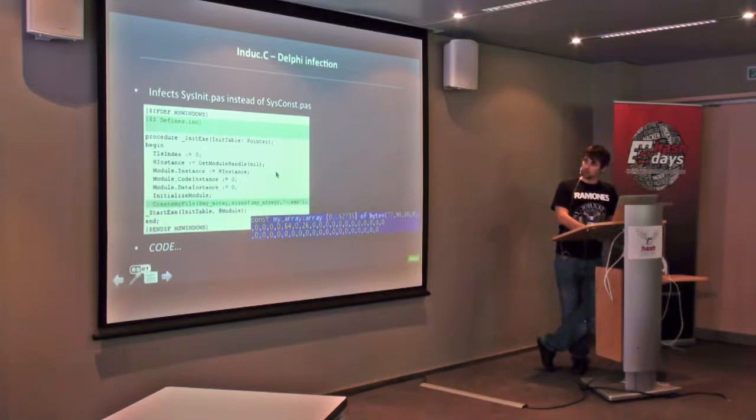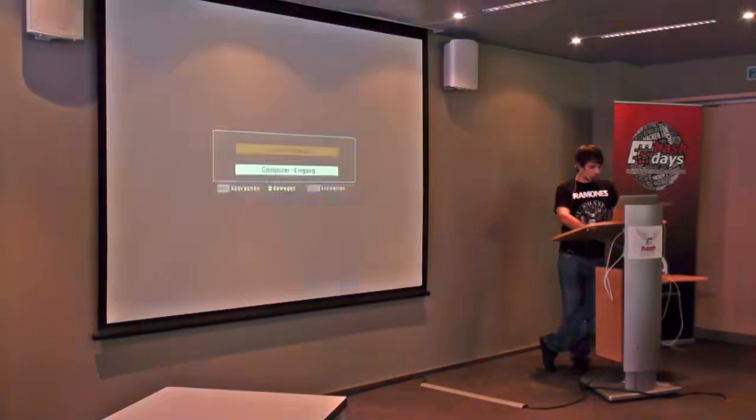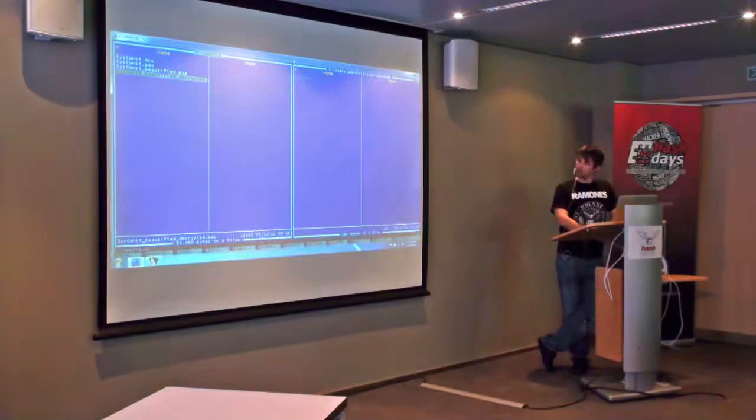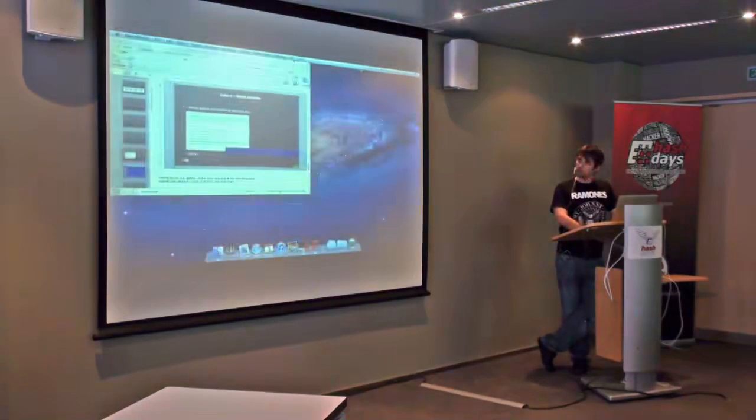That's the sysinit.pas with just 2 lines of code inserted into the file. As you can guess, the function CreateMyFileFromThisArray is defined in this defines.inc include. So let's take a look at that over here. Okay.